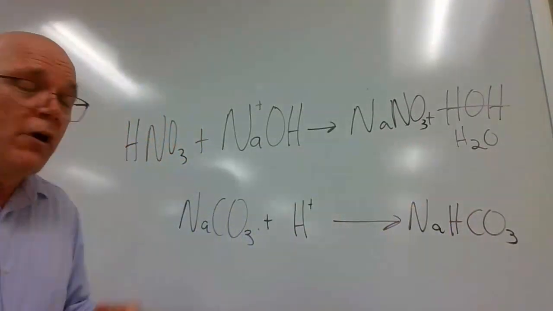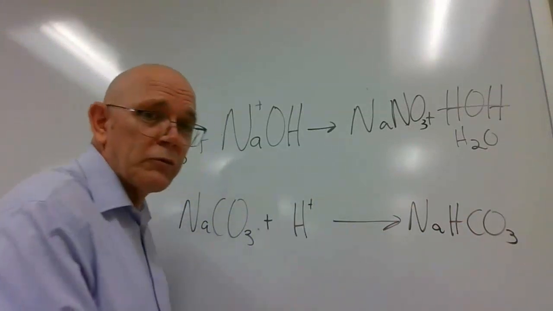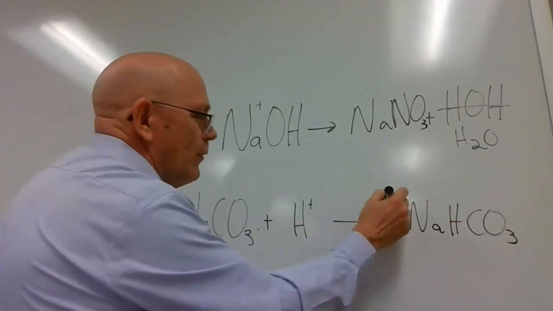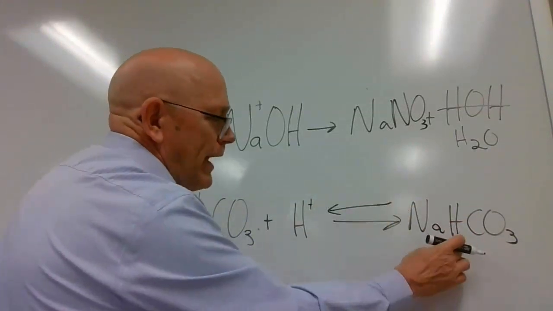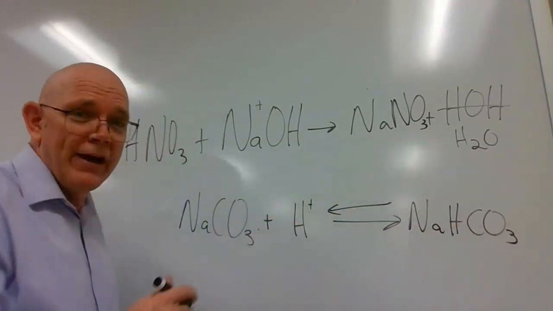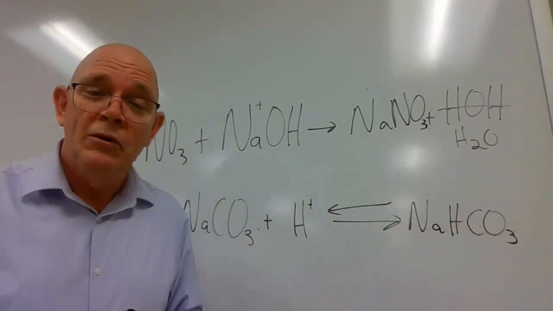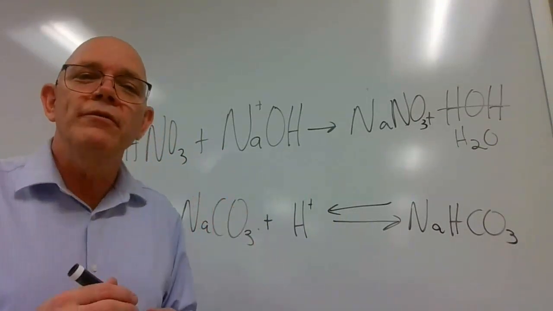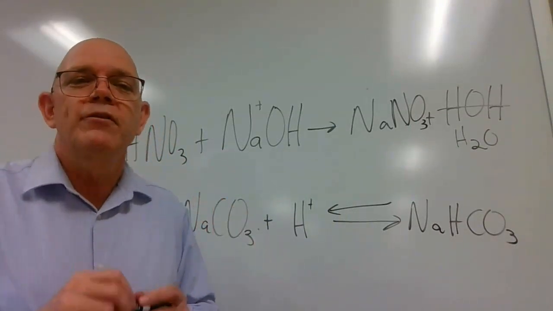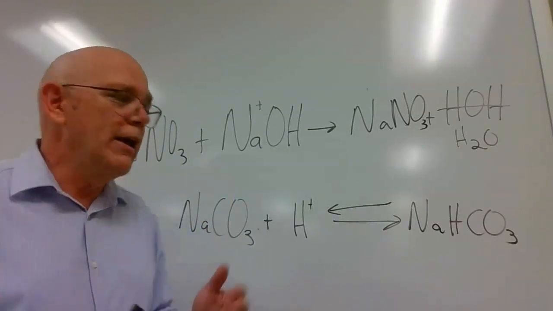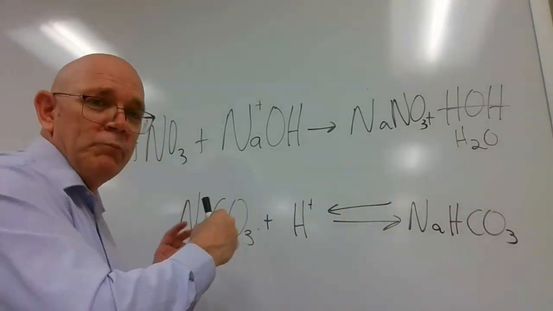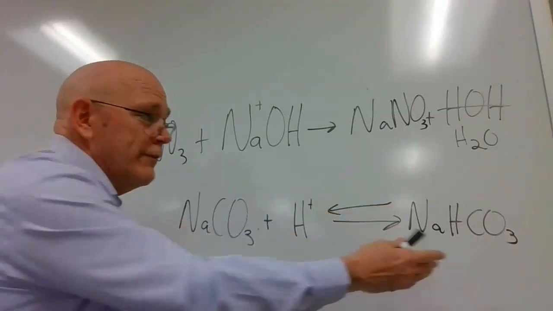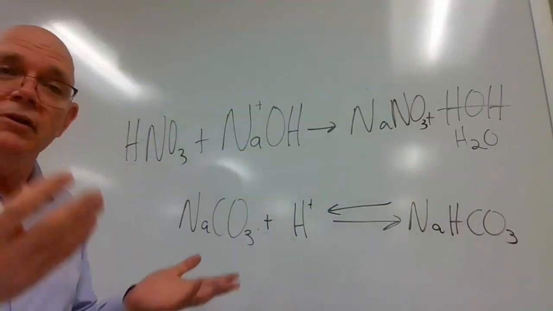Okay, now on the other hand, what if your blood gets too basic? Well, the sodium bicarbonate can let go of the hydrogens, lowering your pH, making it more acidic, and reducing the pH so it's not as basic. So it can just pick up hydrogens if it needs to, or then this one can let them back out if you need your blood to be more acidic.